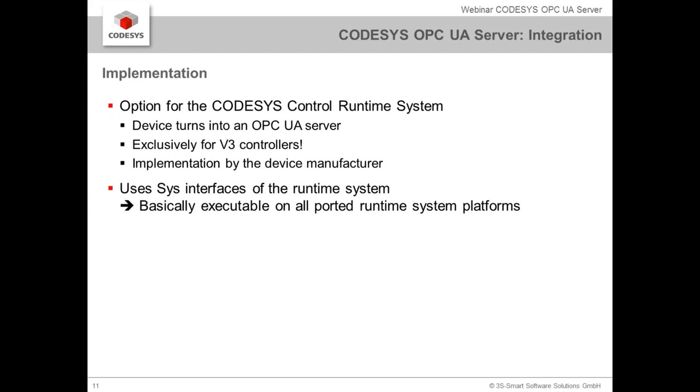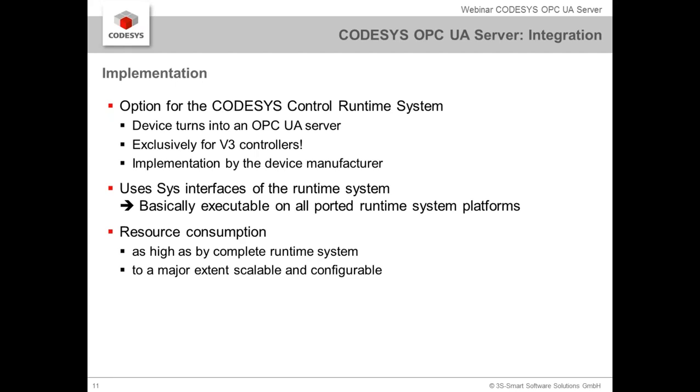As the SysInterfaces of the CODESYS Control runtime system are used, the OPC UA server basically runs on all ported runtime system platforms. There's nothing special needed except an adequate amount of resources. The resource consumption of that OPC UA server on the runtime system is of course not that low.